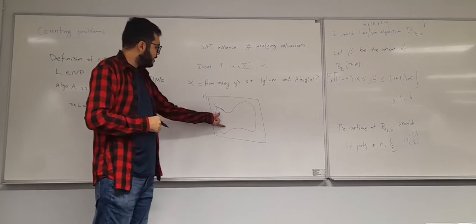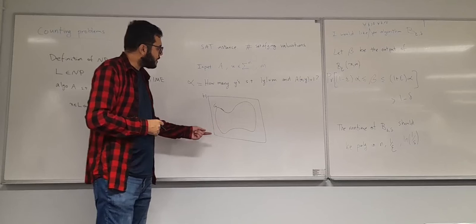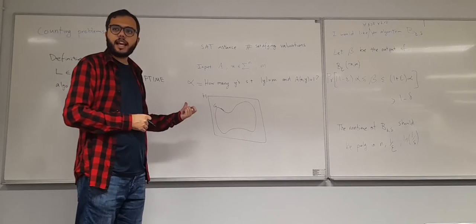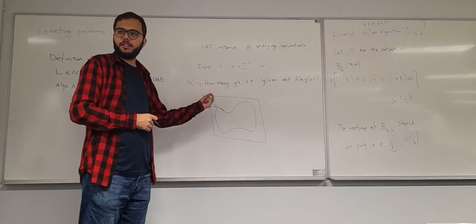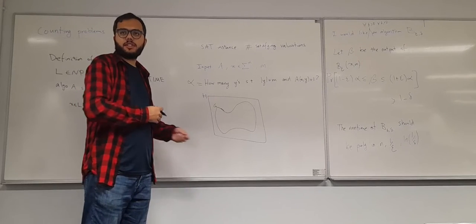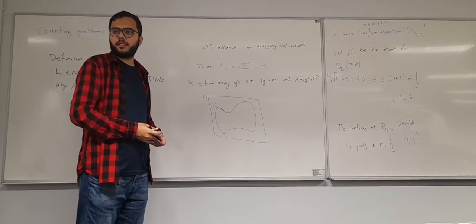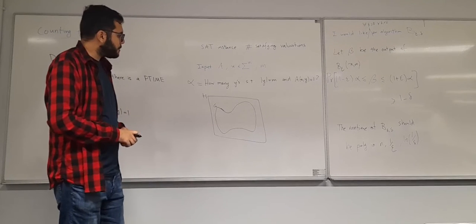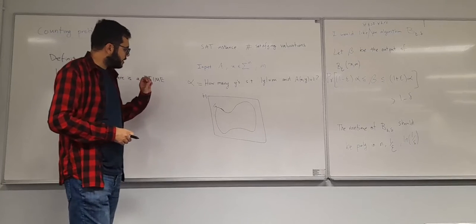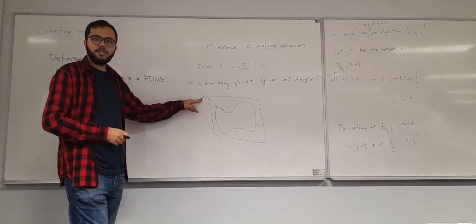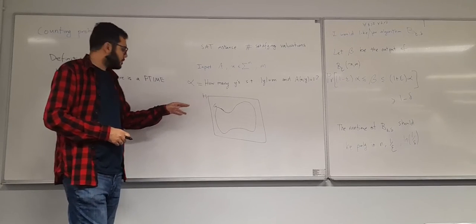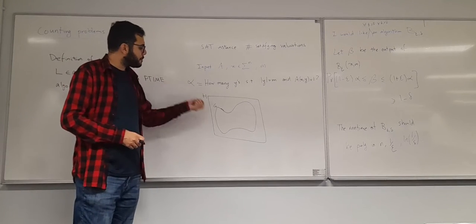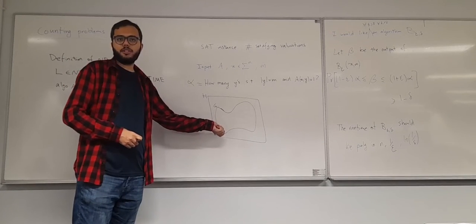So G is the set of y's, the set of proofs, certificates that actually work for this particular x, and H is the set of all possible strings of length n. Okay? Now what can I do? I can just do sampling, right? So I can take some random member of H, and then I can just use my algorithm A to check if that random member was actually also in G.